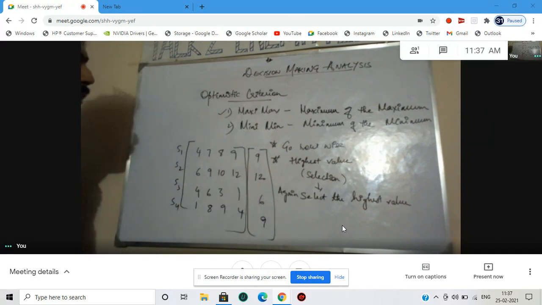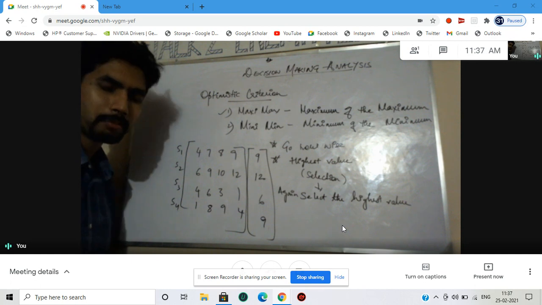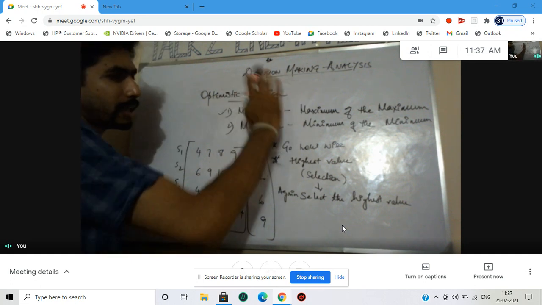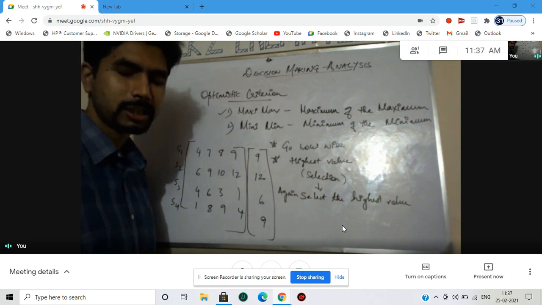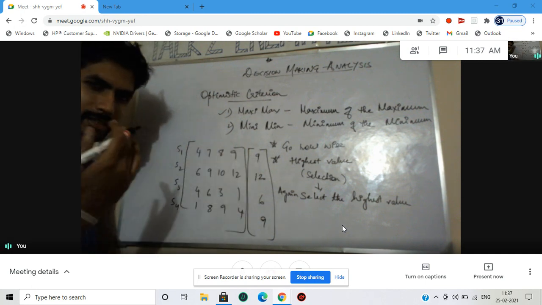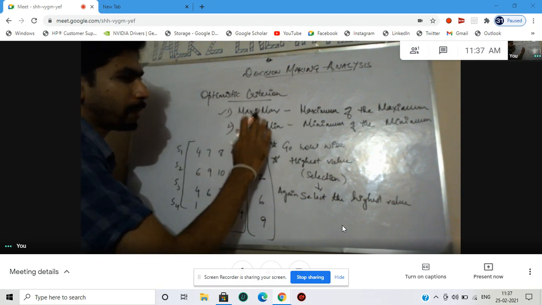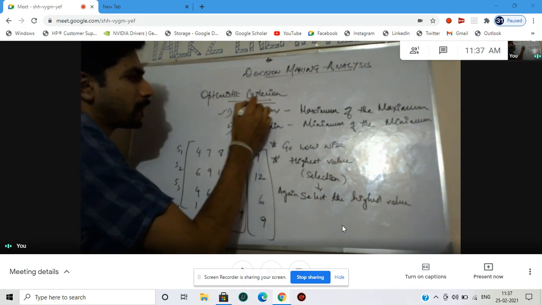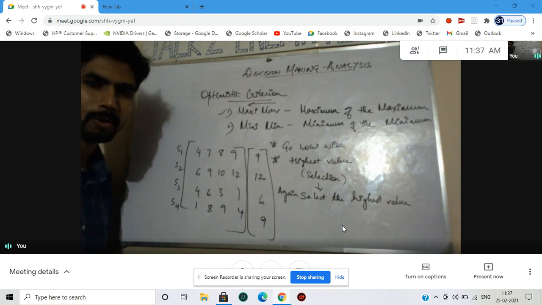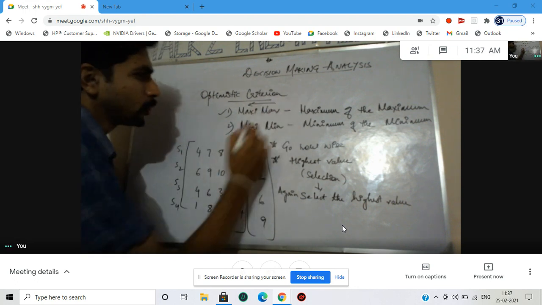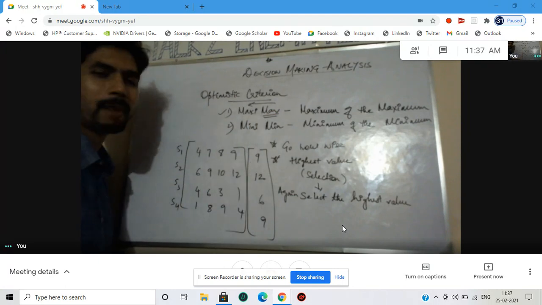Now, another important point to be noted here. Whenever you are solving decision making analysis problems, always go in reverse. That is, Maximax, you put an arrow mark like this and work from the back. So first, what is there? Maximum.